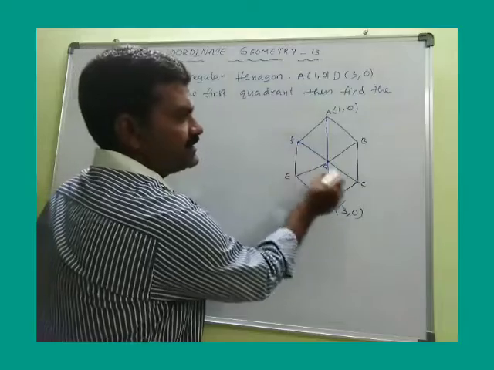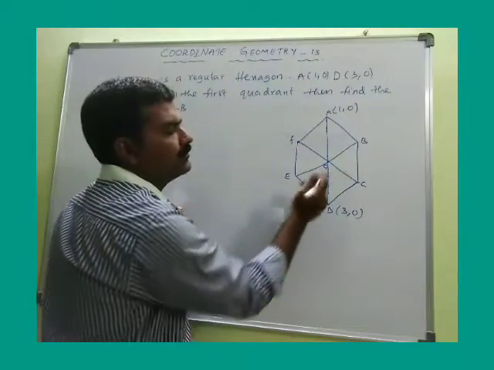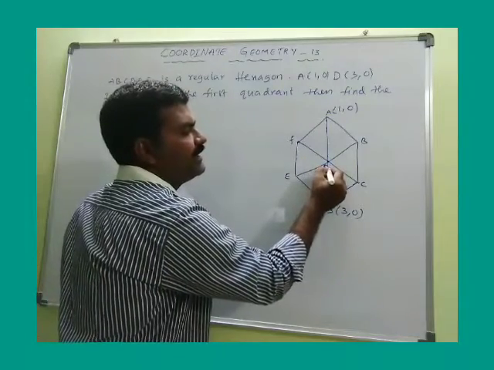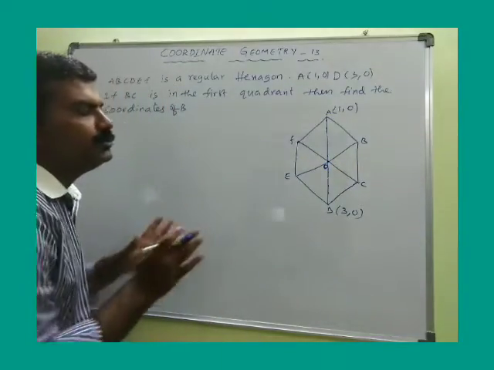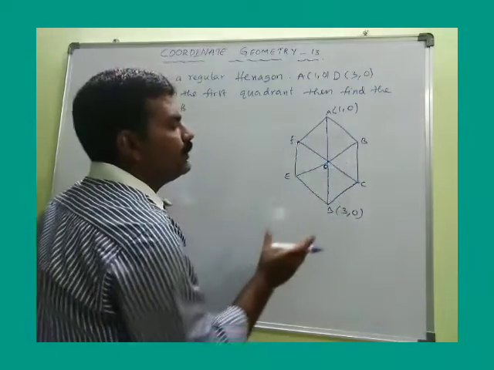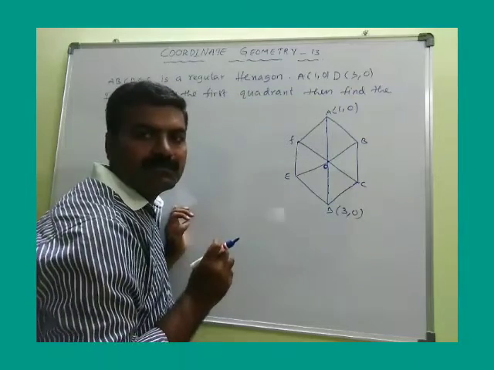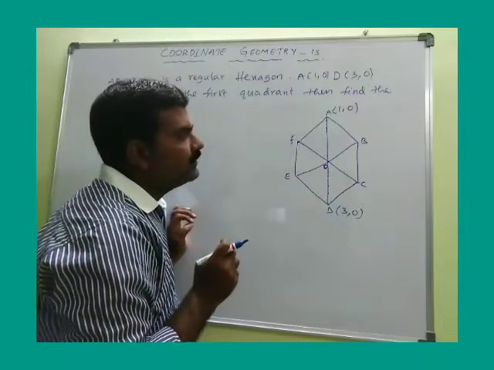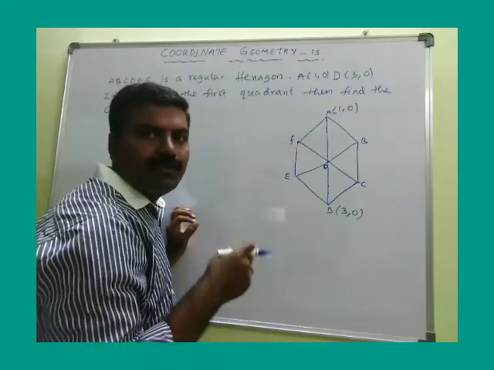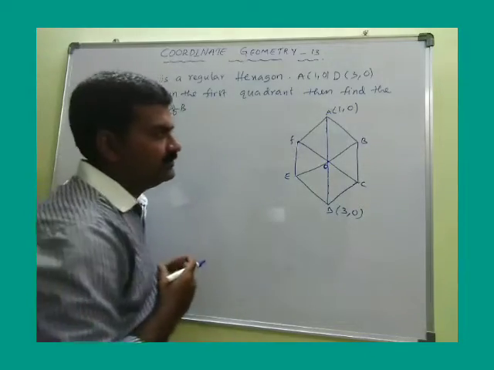Better join CF and BE. Now all these three lines meet at a point, say that point as O. Now on joining these points, the entire hexagon is divided into 6 equilateral triangles, which are equal in area also.